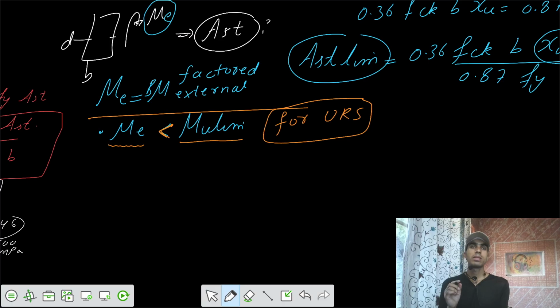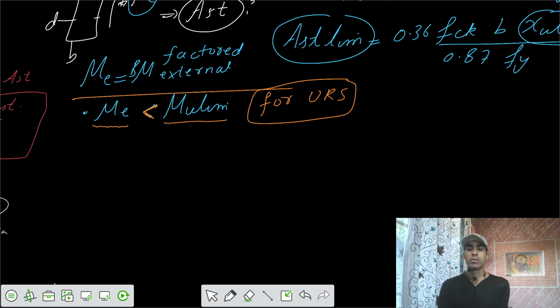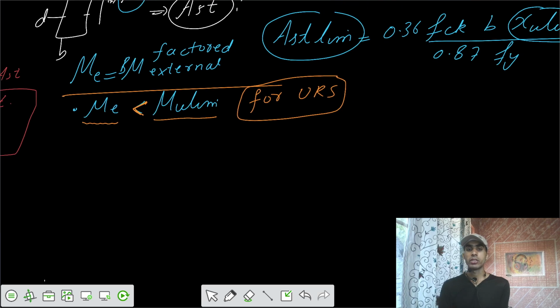That means we have to ensure that our limiting condition is even more than the external bending moment, such that by making some configuration changes in B, D and steel, we can ensure that our section is under reinforced. So we want to get the equation of MU limiting first.